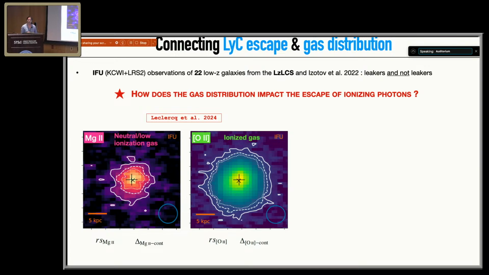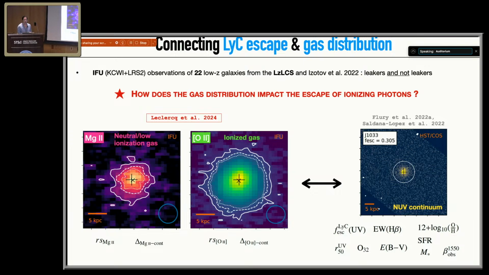In order to characterize the gas distribution, we used magnesium II as a tracer of the neutral and low ionization gas, and O II as a tracer of the ionized gas. From those maps, we determined the spatial extent of the gas, and also the spatial offsets between the bulk of the gas and the stars, basically the UV continuum of those galaxies.